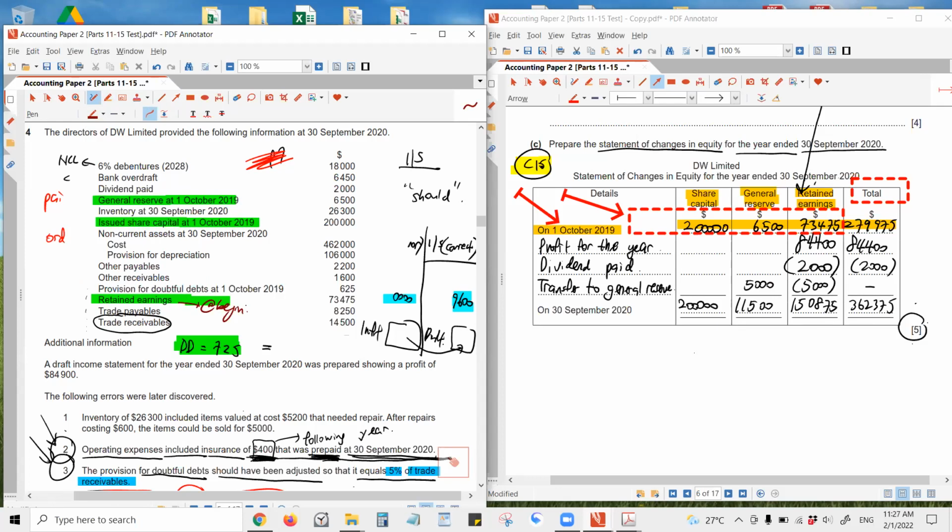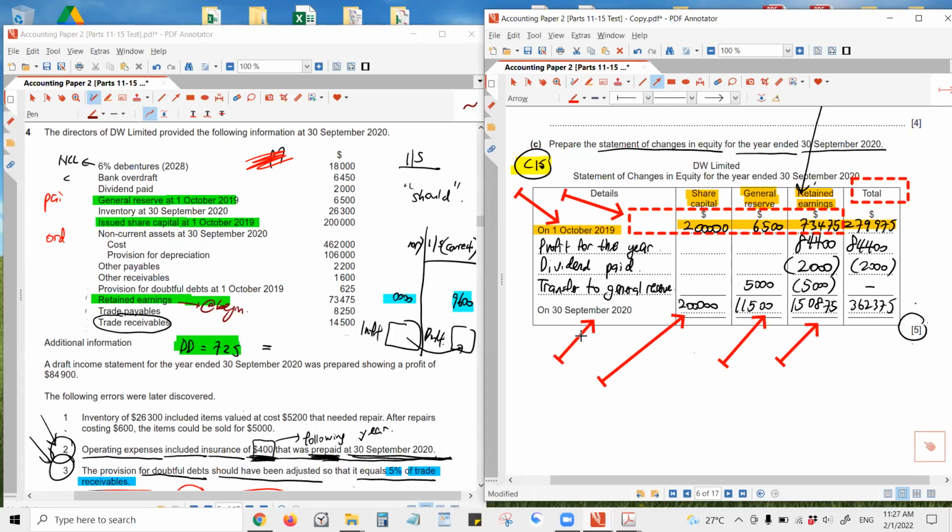They ask you to complete the SOCIE table. So logically, it means that the balances at the year end should not have been found.